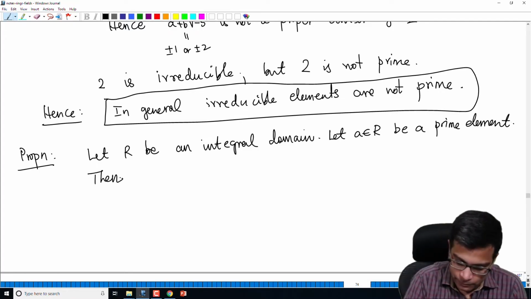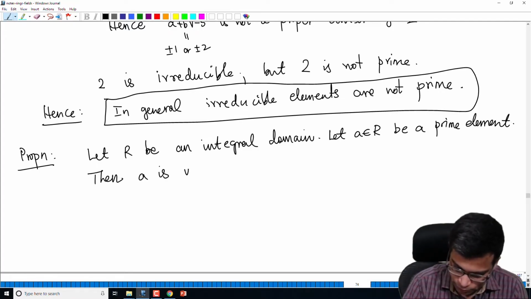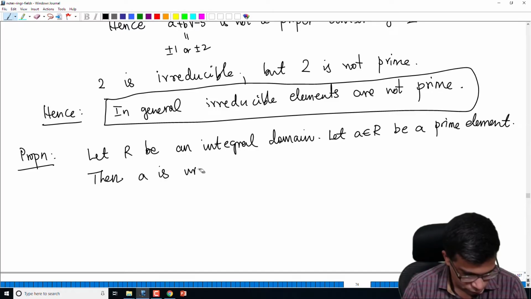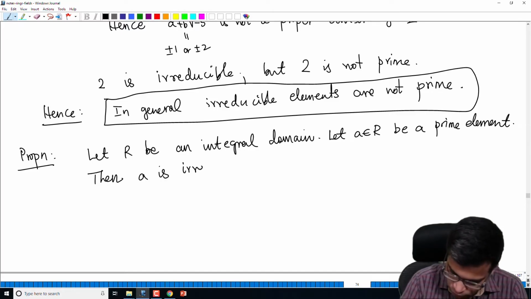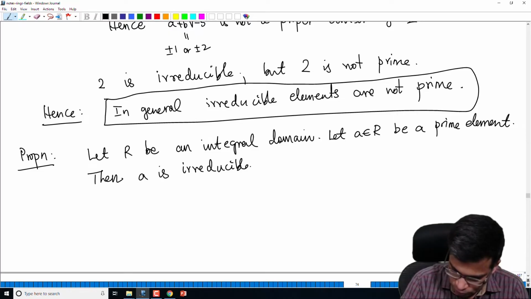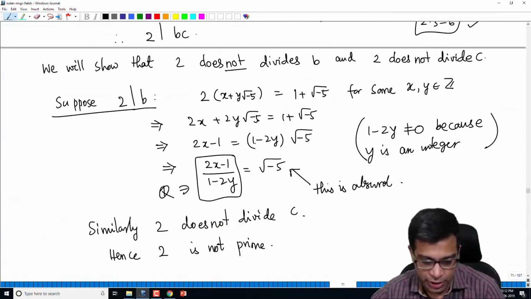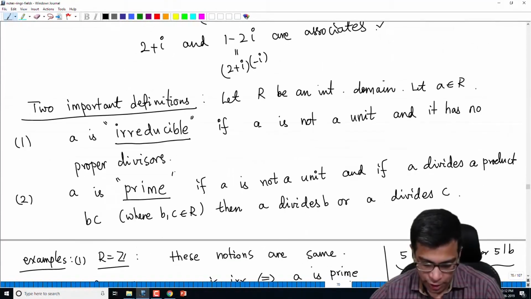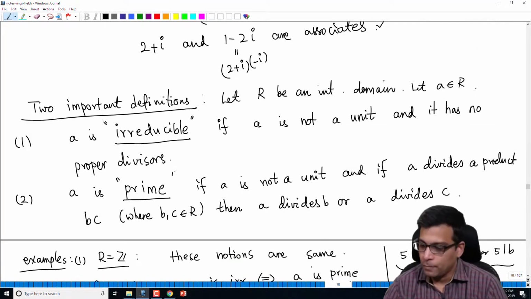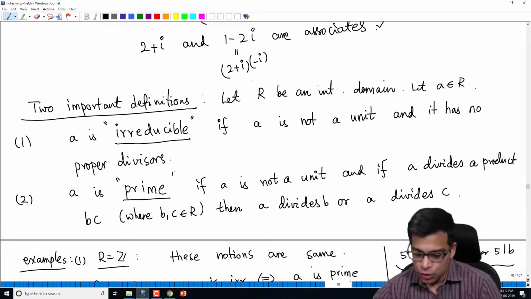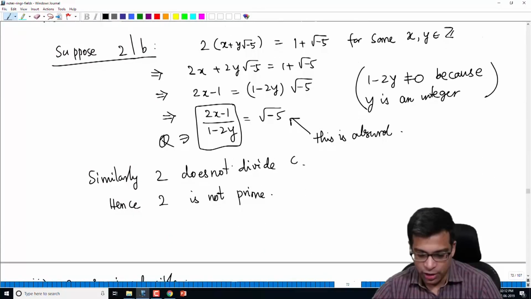Then a is irreducible. If you recall the definition I gave in the last video, a prime element is not a unit, and if it divides a product bc, it divides one of them. So it's not a unit. Now I want to show that it is irreducible.